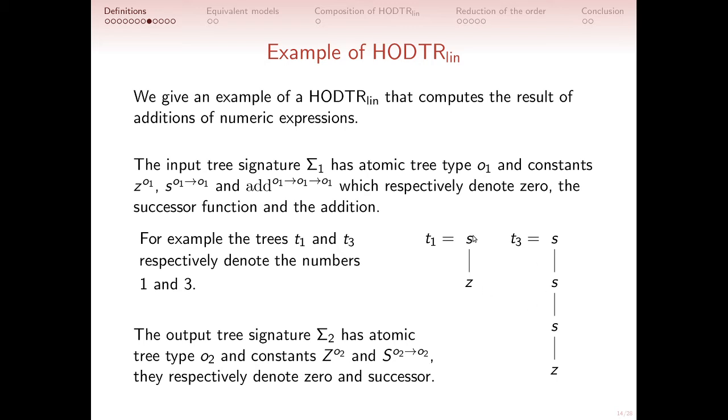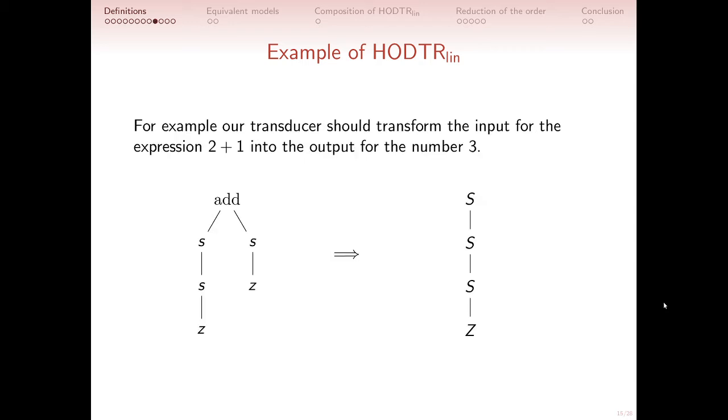And so you can represent the number 1 like this and the number 3 like this. We have an output tree signature that is a bit different because it is important to differentiate the input and the output type. And so, for example, if we have this input tree, we want our transducer to output this, which represents the number 3.